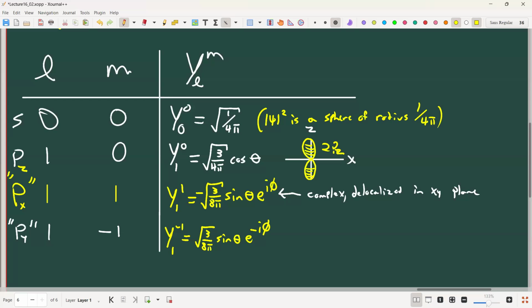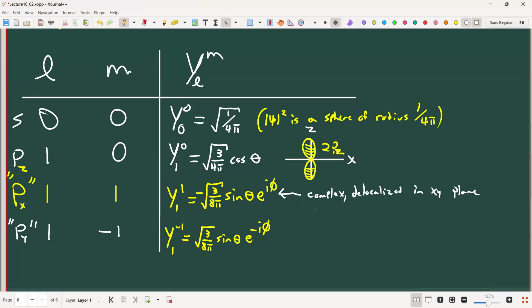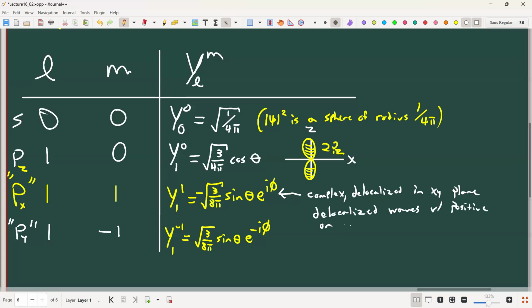One is an electron that is completely delocalized and orbiting the xy plane in one direction, e to the i phi, so it has some clockwise phase to it. And then the y orbital has counterclockwise phase to it. So these two x and y orbitals really aren't x and y orbitals in this construction. They're just waves that are moving in the xy plane, either clockwise or counterclockwise. They're delocalized waves with positive or negative phase.